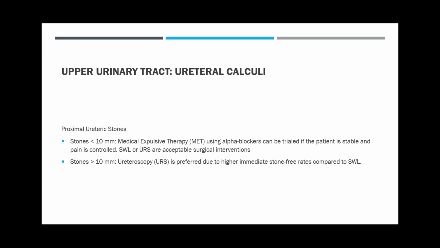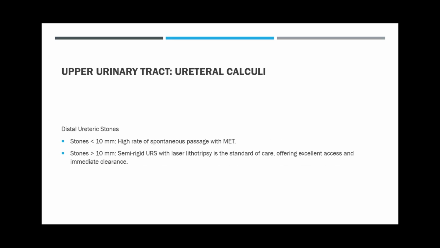And if the stone is more than 10 mm, then URS is preferred due to high immediate stone-free rates compared to SWL. Then in the distal ureter, also if the stone is less than 10 mm, medical expulsive therapy can be applied, and if the stone is more than 10 millimeters, then semi-rigid URS with lithotripsy is the standard of care.